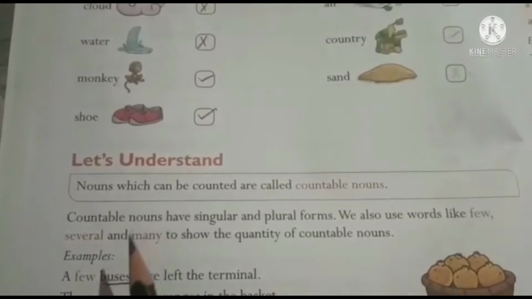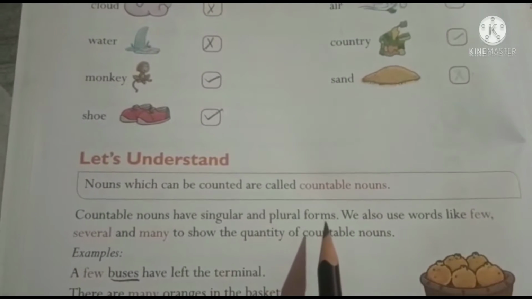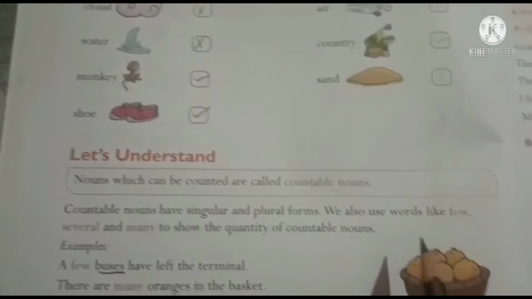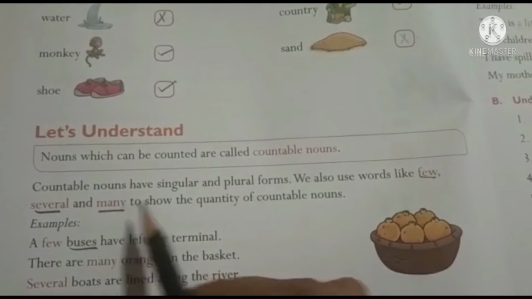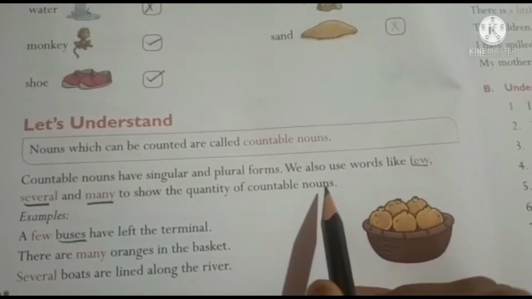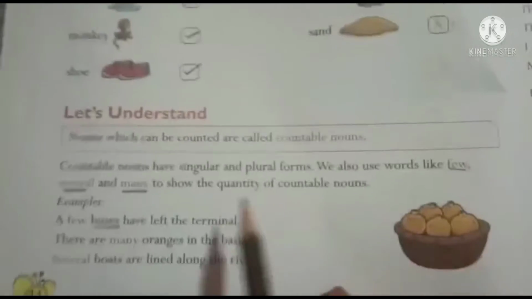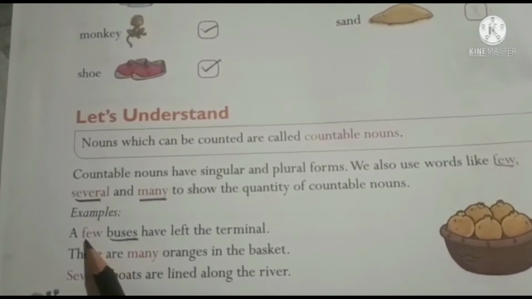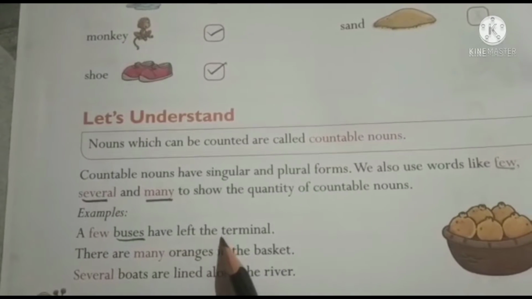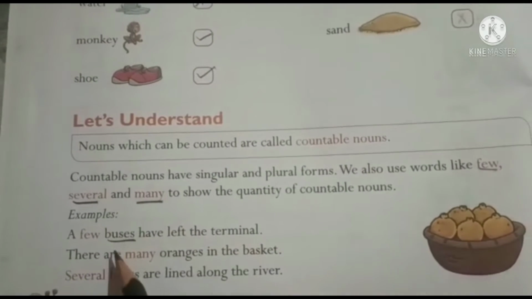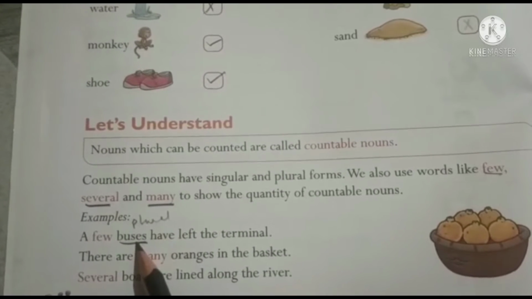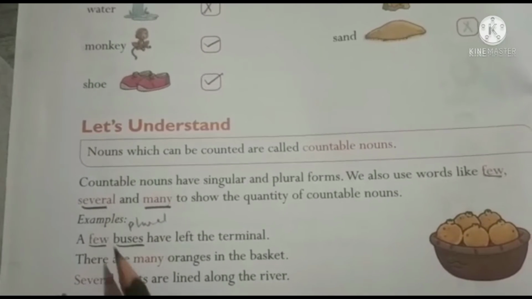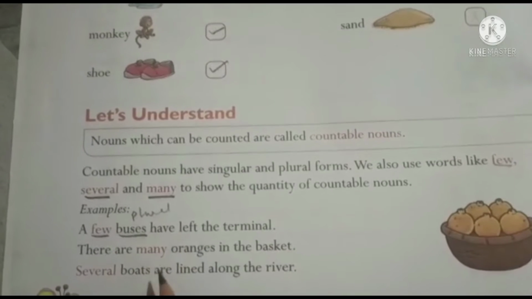Countable nouns have singular and plural forms, and we use words like few, several, many to show the quantity of countable nouns. For example, children, look here. A few buses have left the terminal. You can see buses is a plural word, and we have used few with it.